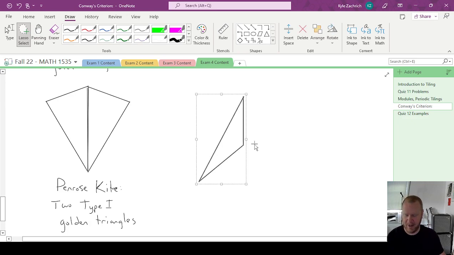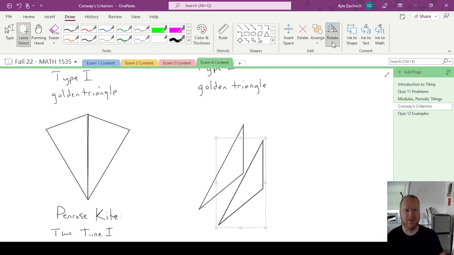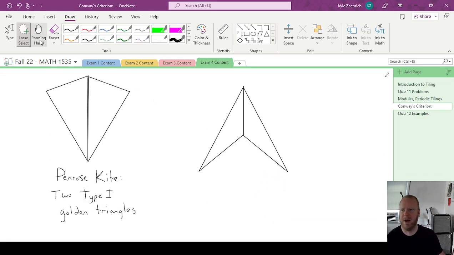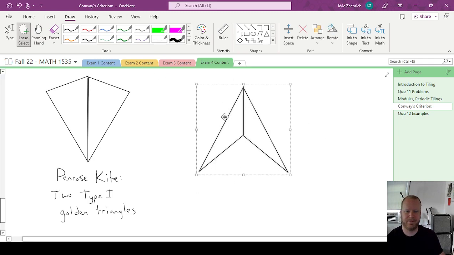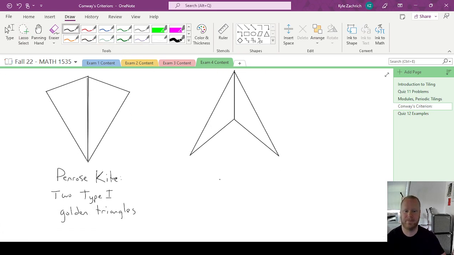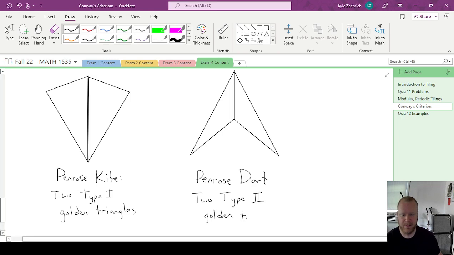Then I do the same sort of trick where I flip it like that, and I can get what's called a Penrose dart. That's going to be made up of two type 2 golden triangles.